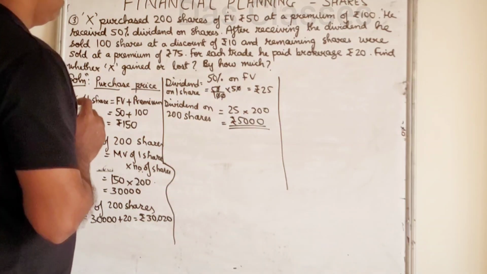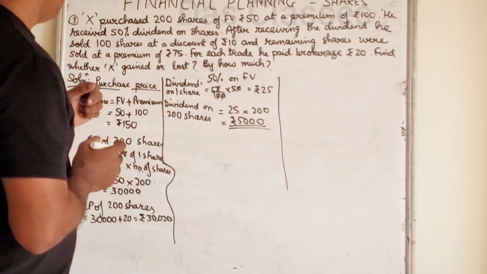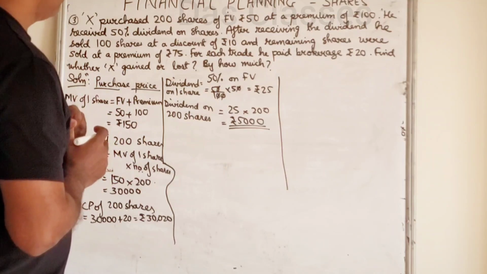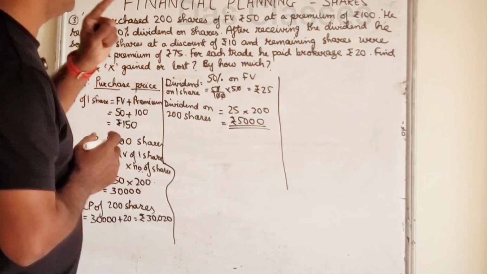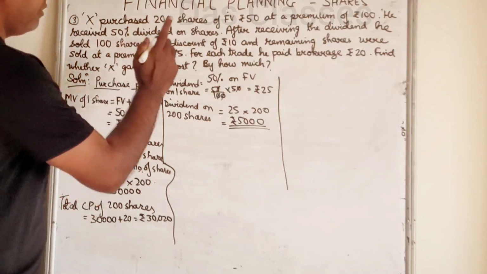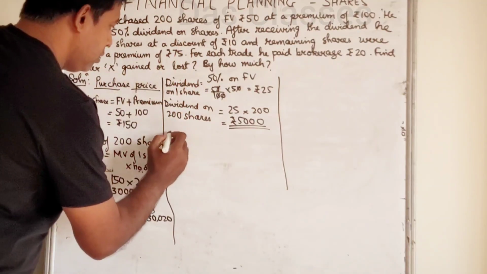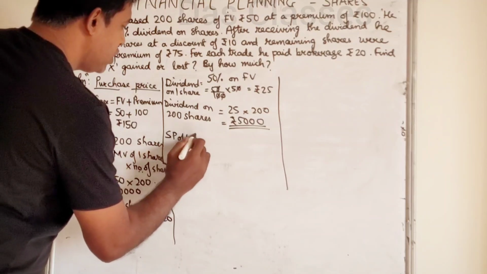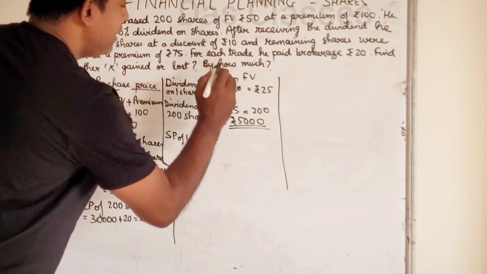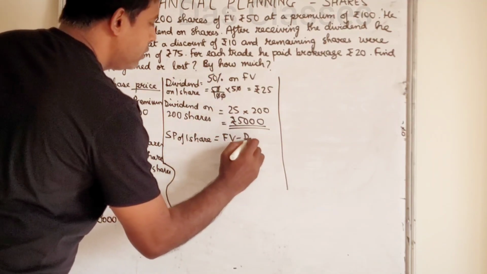Okay. Now, what he has done is he has sold the shares. After receiving the dividend, he sold 100 shares at a discount of 10 rupees. So the face value is 50, and the selling price of one share will be face value minus the discount.